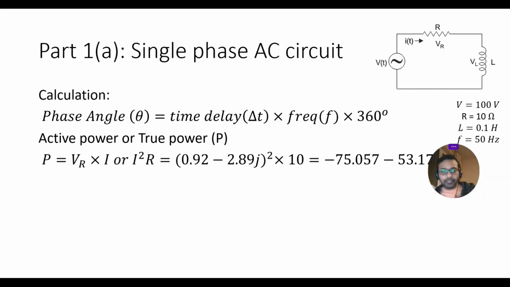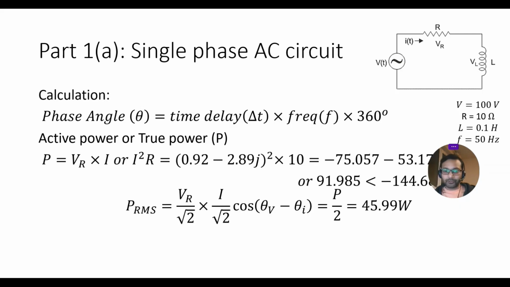Also in the Simulink model, we have to calculate the active power and the reactive power. I have not shown it to you, but let's quickly check out the values. The active power, if you do the calculations, comes out to be the RMS value, 45.99 watts.